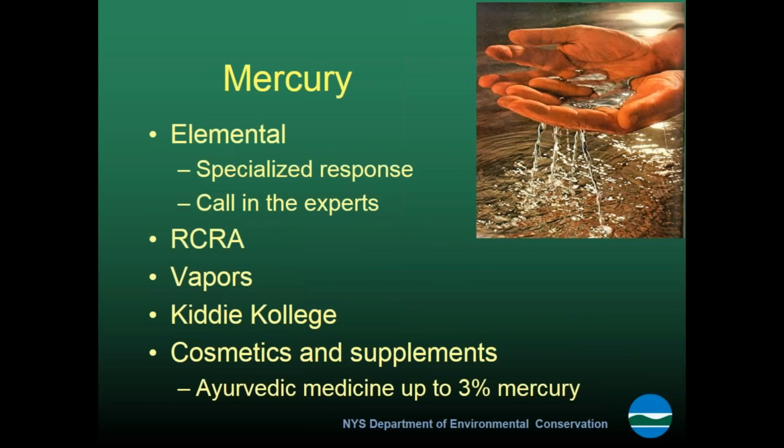The final metal that I wanted to bring up is mercury. If you find elemental mercury at your site, it's very noticeable. It's bright silver, and it requires a specialized response, as you manage elemental mercury differently than we generally handle contaminated soil.